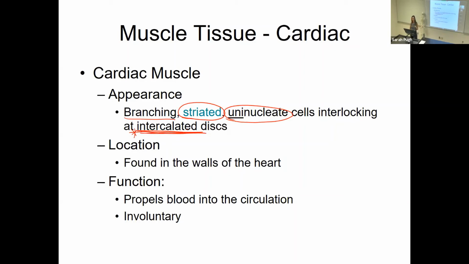And that is that it has something called an intercalated disc. These are discs between the cells that allow your cardiac muscle cells to communicate with each other, and it allows the cells to contract as a whole unit.